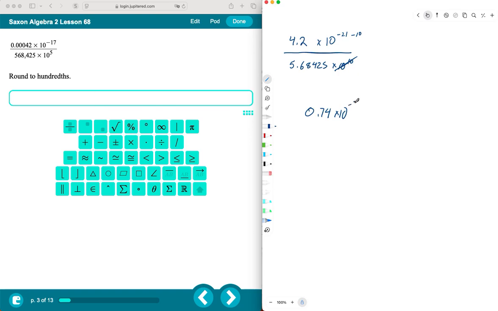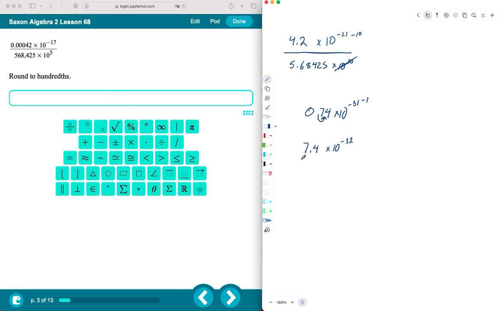So that'd be -31. All right, so we want to move this back 1. So that'd be 7.4. So that would be -1. So times 10 to the -32nd. So that would be the answer without rounding per se.